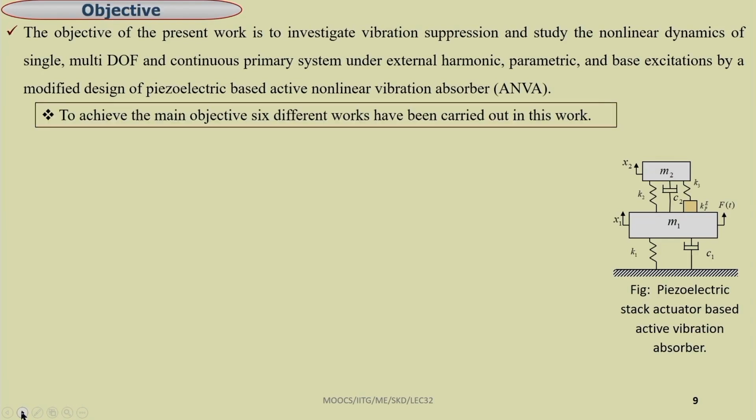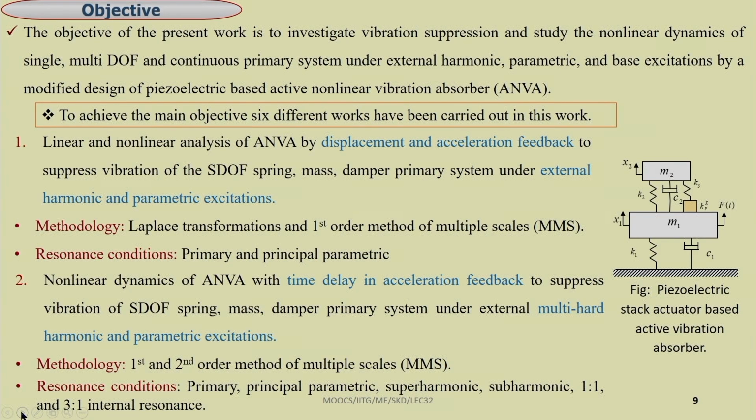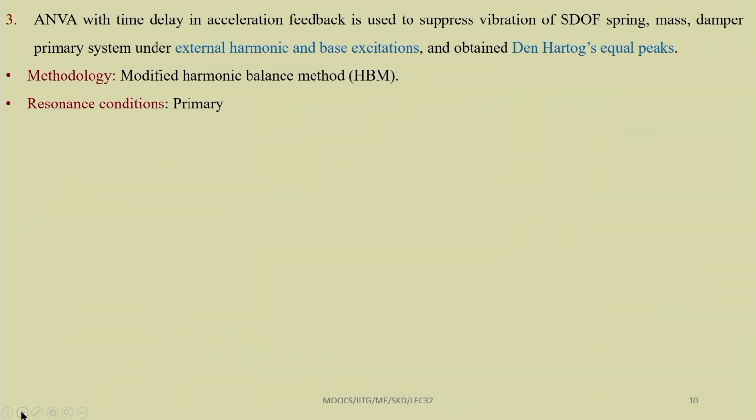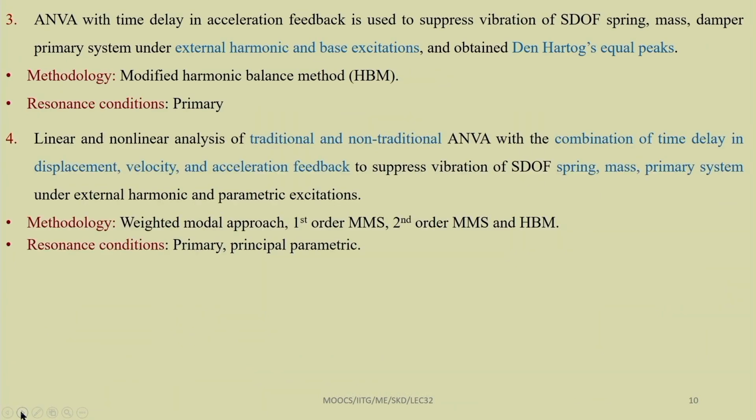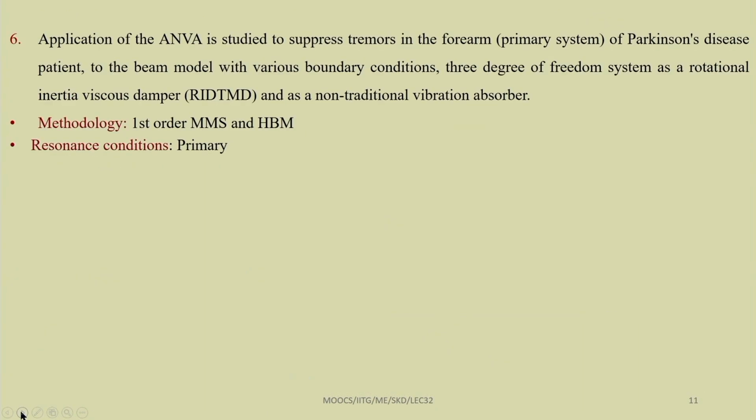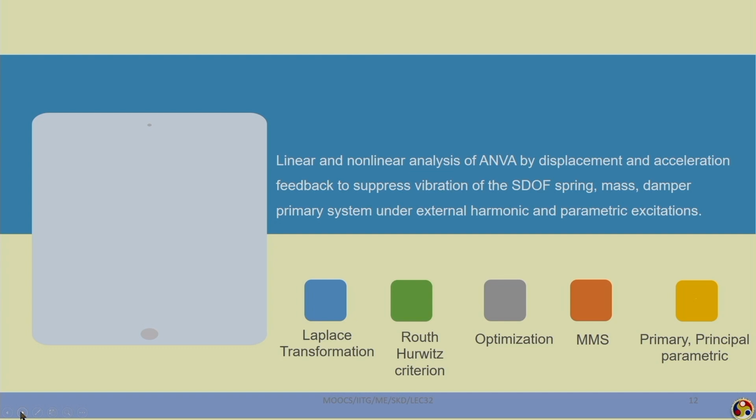In this vibration absorber, we are particularly interested in piezoelectric stack actuators. Here we discussed the linear and nonlinear analysis of an active nonlinear vibration absorber using displacement and acceleration feedback to suppress the vibration of a single degree of freedom spring mass damper primary system under external harmonic and parametric excitation.